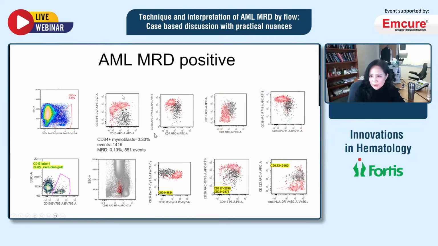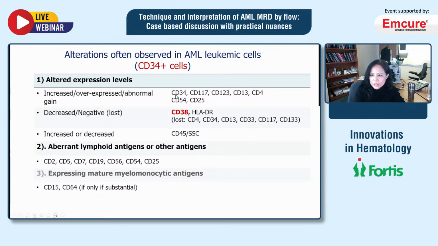So this is, in a regenerating marrow, you identify the residual blasts. So these are the markers, what do we count on as altered expression, right? So as you say, if you only count on the CD7 and the 56, you only detect a little over 50% of AML cases, but for the rest of them, you really have to count on some level change, or sometimes you can lose or gain one antigen.